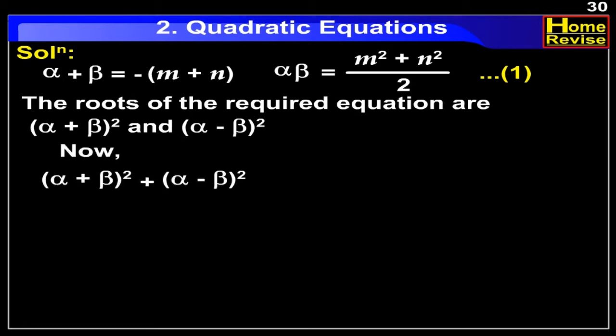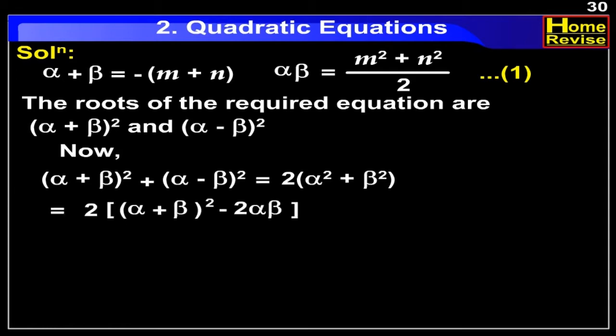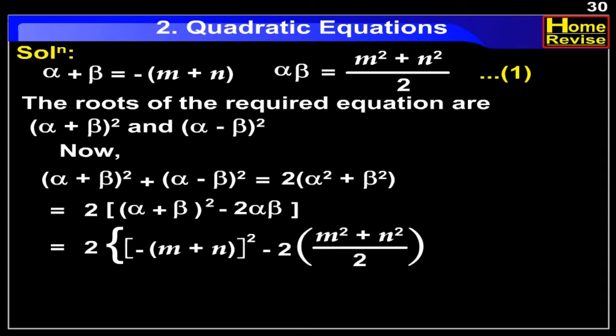Now (alpha plus beta) whole square plus (alpha minus beta) whole square would be equal to 2 into (alpha square plus beta square), which is further equal to 2 into {(alpha plus beta) whole square minus 2 into alpha beta}, which is further equal to 2 into {minus (m plus n) whole square minus 2 into (m square plus n square) upon 2}.